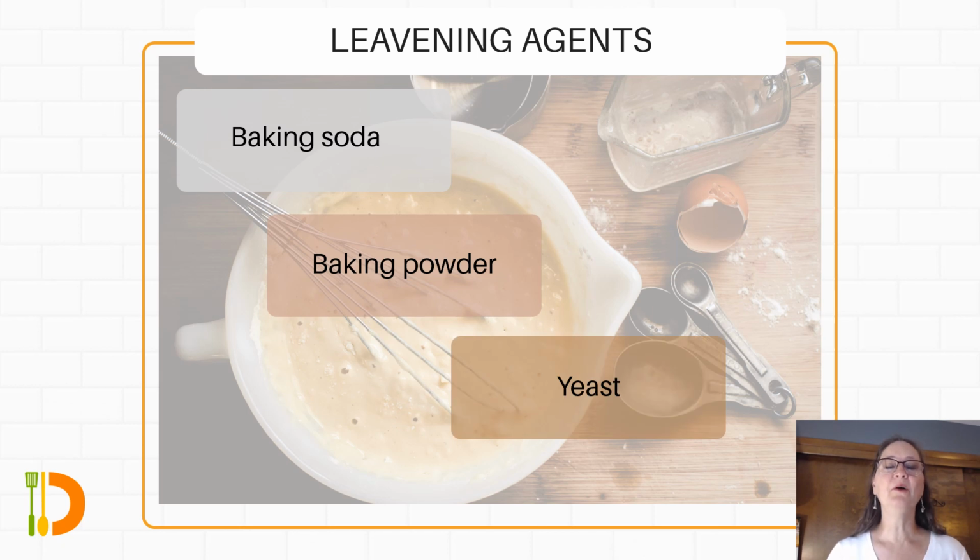While we're not preparing any yeast recipes in this program, it's important for you to know how it works as a leavening agent. Yeast is a living organism that comes in 2 forms, active and dry. Active yeast must be stored in the refrigerator. Dry yeast can be stored in a cool, dry place such as your pantry.